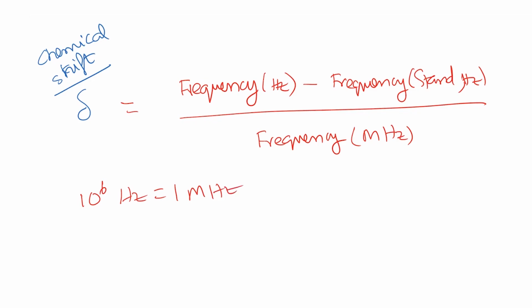Okay. So, if you see here, the two important terms here are basically, if you subtract one from the other, you get hertz, and then you divide that by megahertz. This is nothing but parts per million. Okay. So, the unit of chemical shift is basically parts per million, because the hertz is going to get cancelled out.